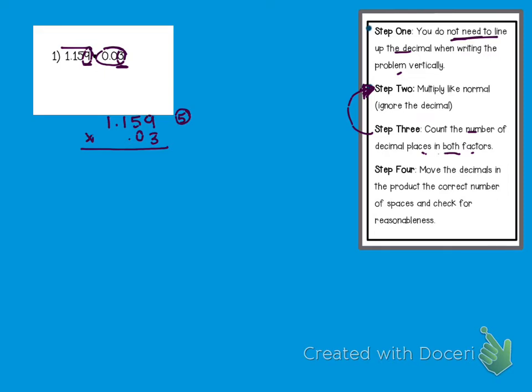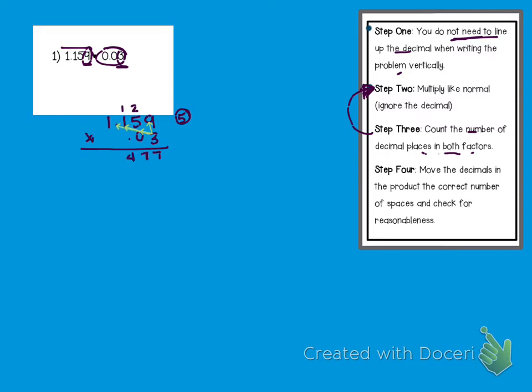Okay, so here we have 9 times 3, which is 27. We have 5 times 3, which is 15 plus 2 is 17. Then we have a 3 times 1, which is 3, plus 1 is 4.